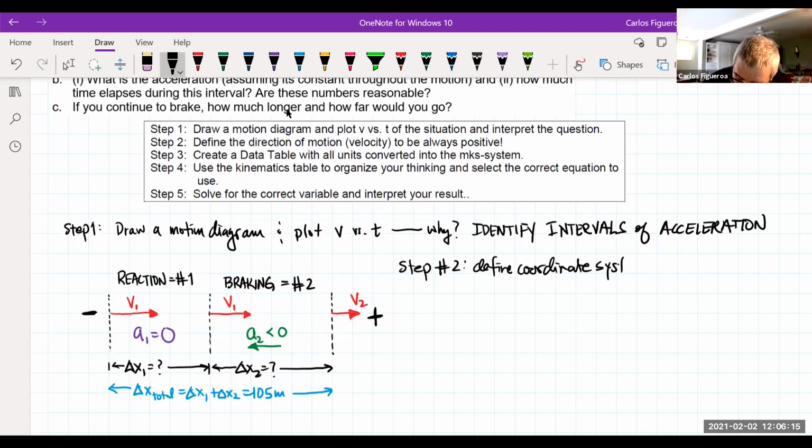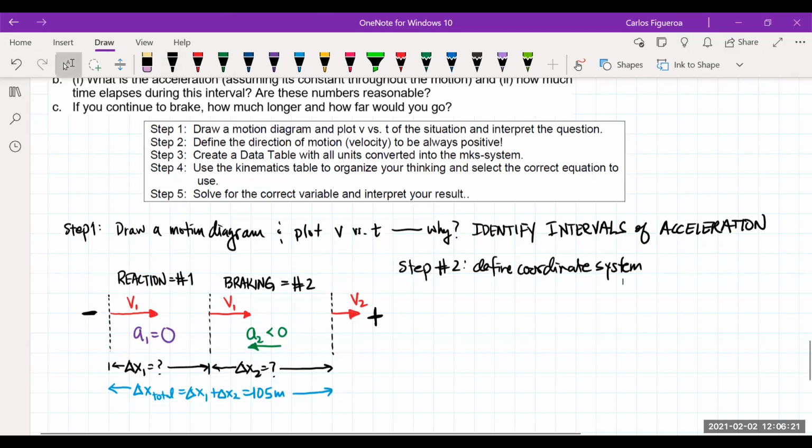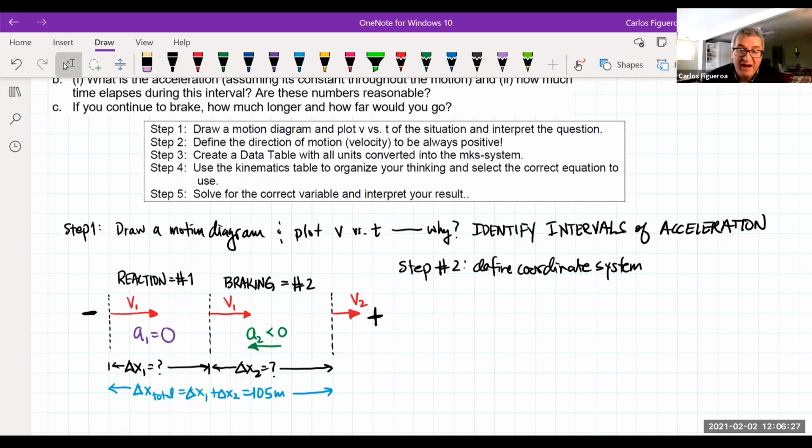Hey, Carlos. Yeah? For the braking in interval 2, it's not necessary for you to show the actual braking with the velocity going lower and lower to demonstrate. No, dude, that's chapter 1. I think we've already done that. And so you know that if I have deceleration, I should be drawing vectors that get smaller and smaller.